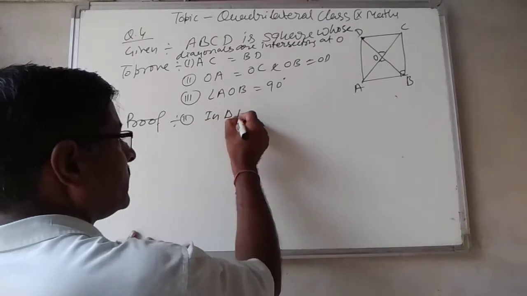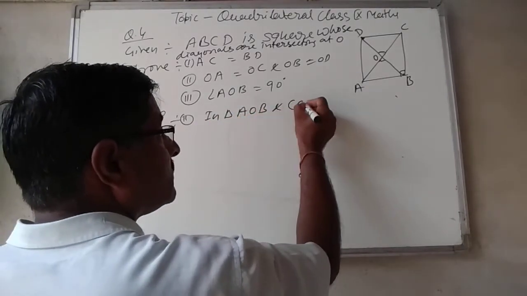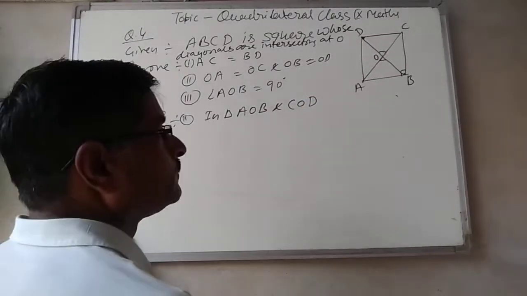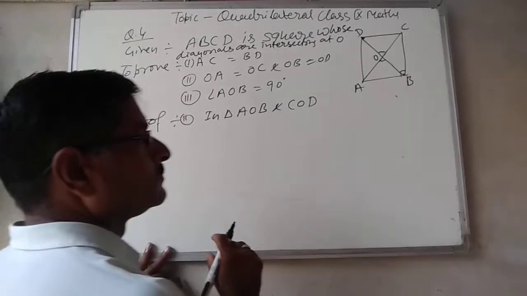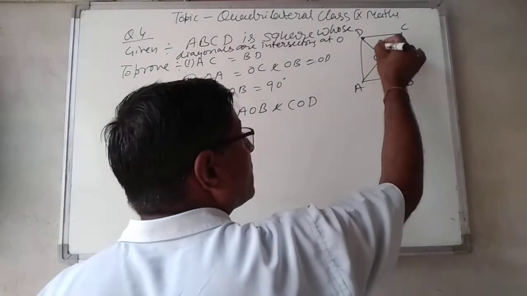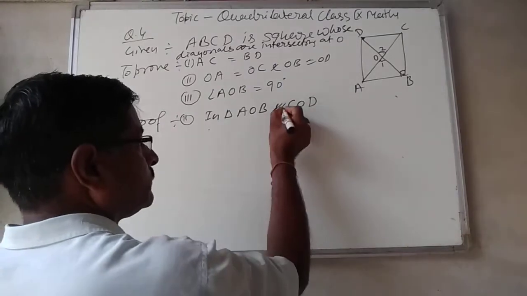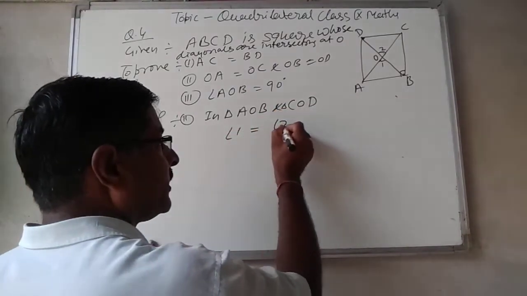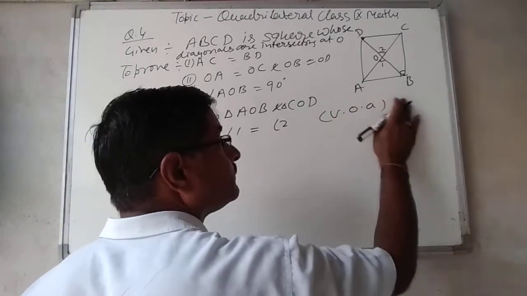In triangle AOB and triangle COD, angle 1 is equal to angle 2, vertical opposite angles.